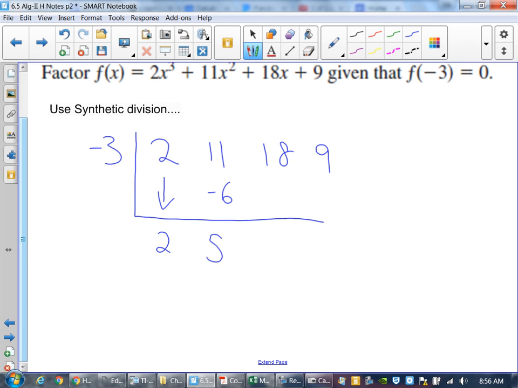We got 5, negative 15, 3, 9, and a 0. If you don't get 0 at the end, you done goofed because they told you it was a 0. What happened? Oh, it was supposed to be negative. That's why.